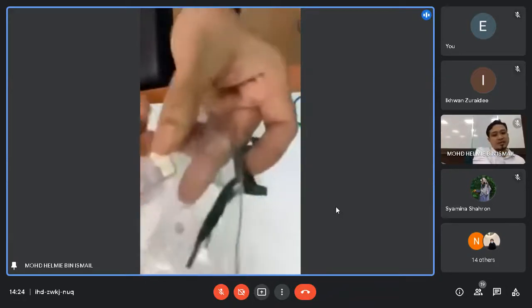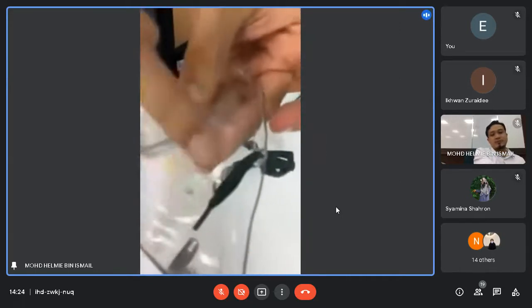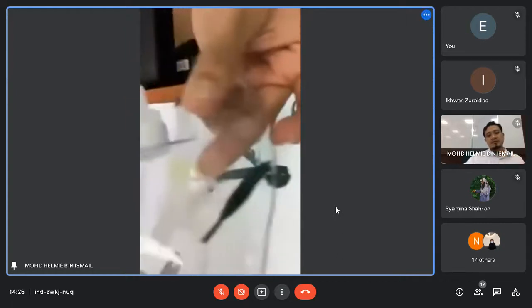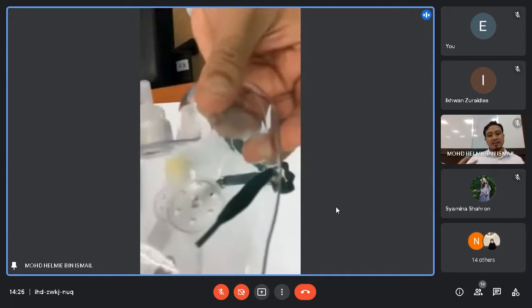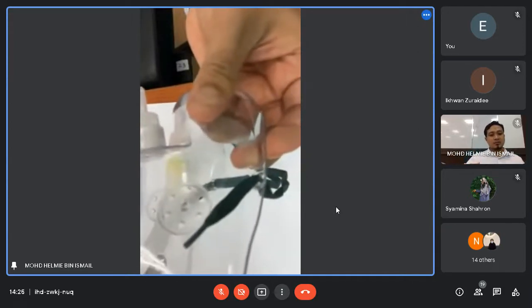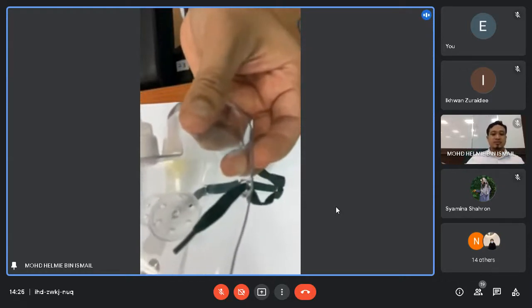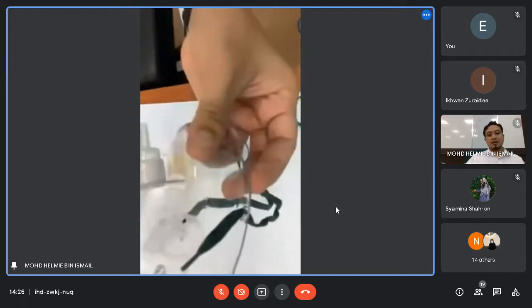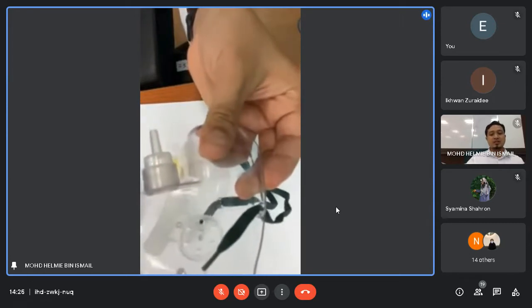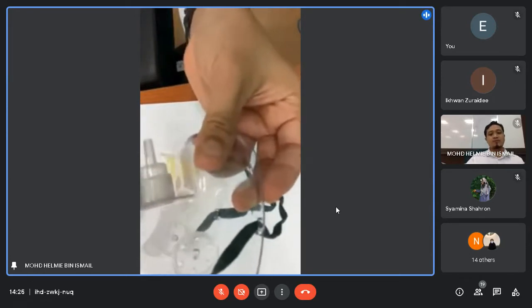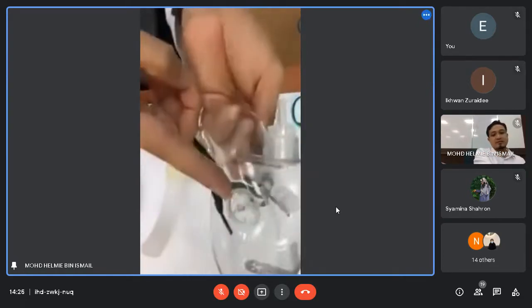So you akan nampak, right, this one. You akan nampak vented punya valve, right? This one is a two-way valve. When you inhale and exhale, actually you mix with the oxygen concentration that you give. That's why you cannot give the maximum oxygen, because of this rebreathing system. You have the two-way valve, left side and right side.